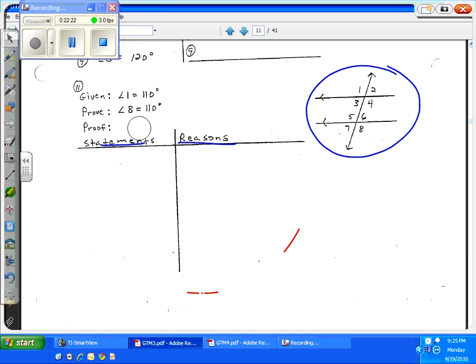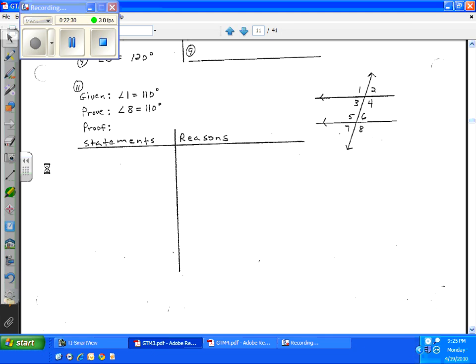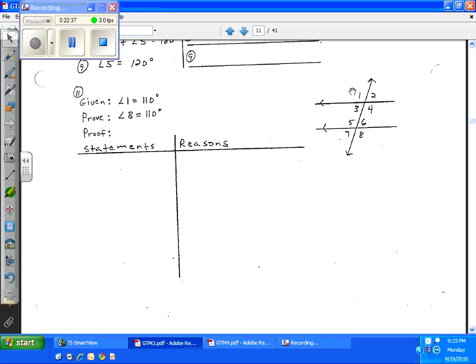So we're going to do this whole proof together. We're going to take what we're given: angle 1 is equal to 110 degrees. We're going to mark it in the diagram. We're going to write statements and reasons derived from the markings in the notes section.